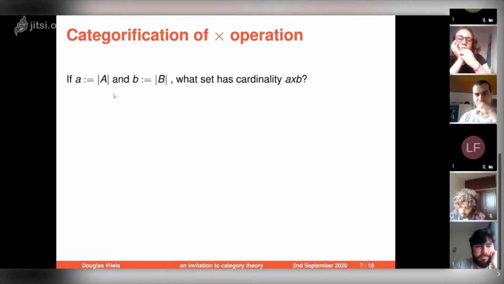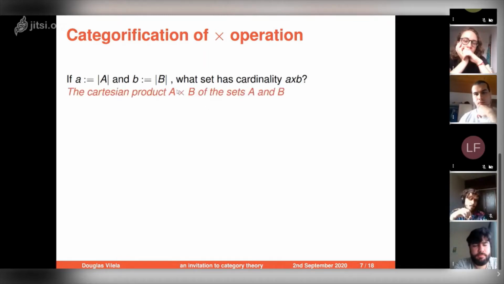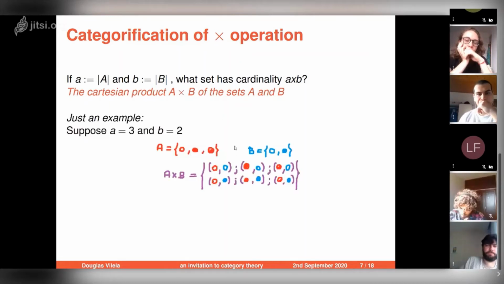In another way of saying it, if I have a set A with cardinality little a and a set B with cardinality little b, what is the set that has the cardinality a times b? It's simple again. The set is the Cartesian product of A with B. So, just a fun illustration again.